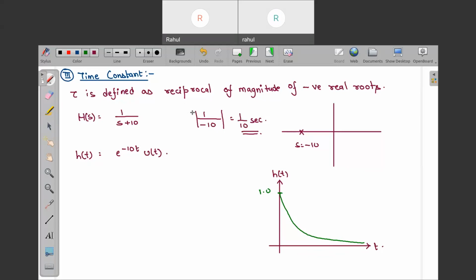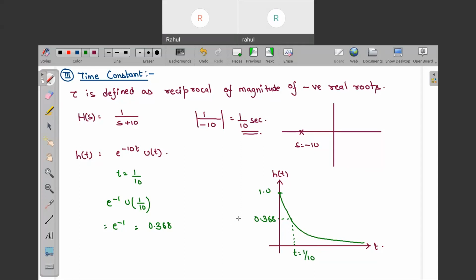Now when is that going to happen? If you put t equal to 1 by 10 in this equation, that will be e to the power minus 1 u(1 by 10). u(1 by 10) will be 1. So e inverse, what is that equal to? That is equal to 0.368. So what did I say?